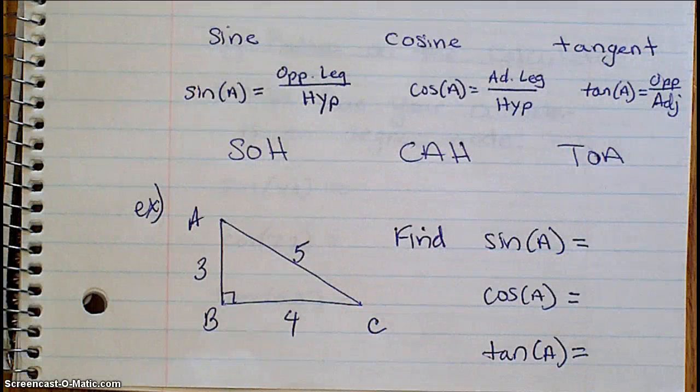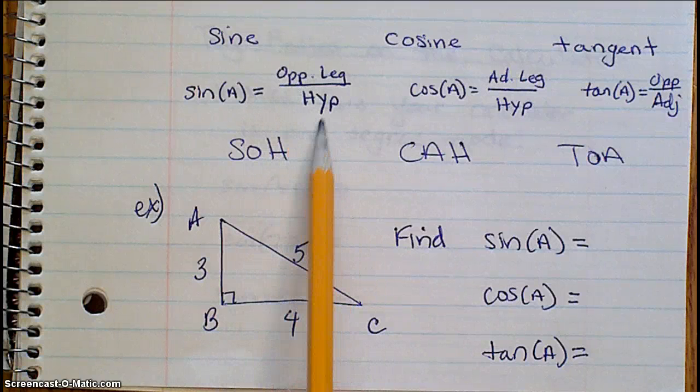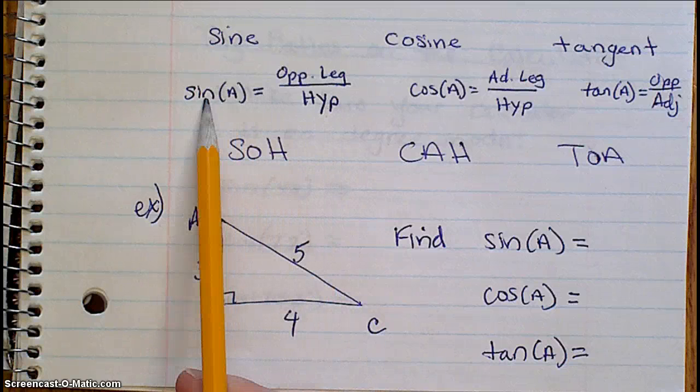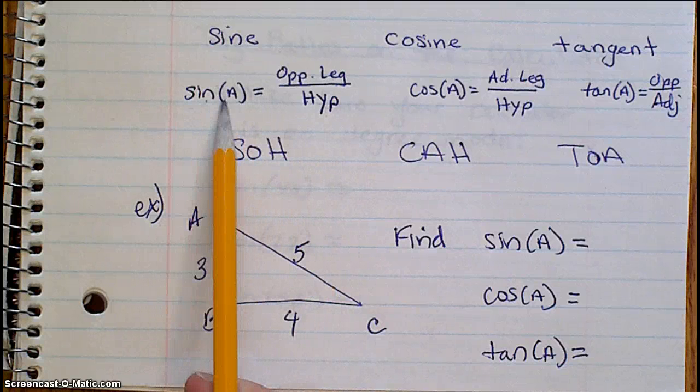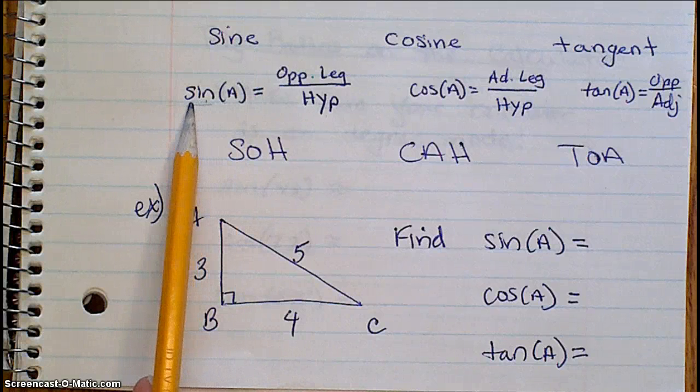If you went through that discovery activity that we did in class, at the end it had you record all the special ratios that were given. We came to the conclusion that when you find the ratio of an opposite leg over the hypotenuse, that special ratio is called sine of an angle. It's spelled this way, but it will be abbreviated on your calculator like this.